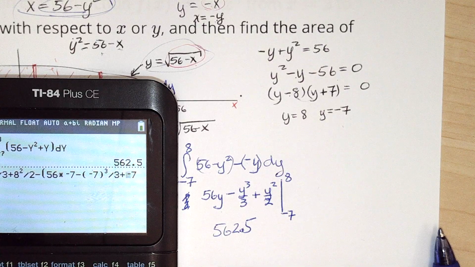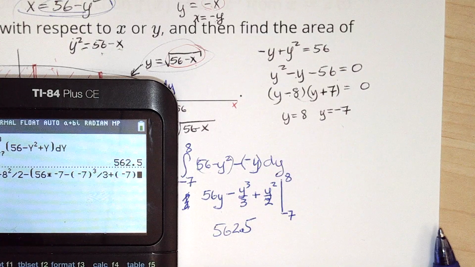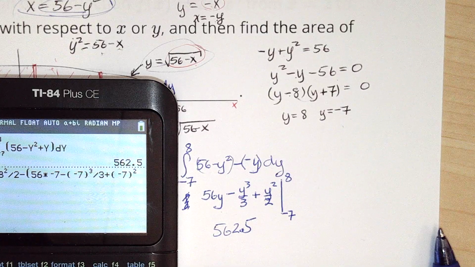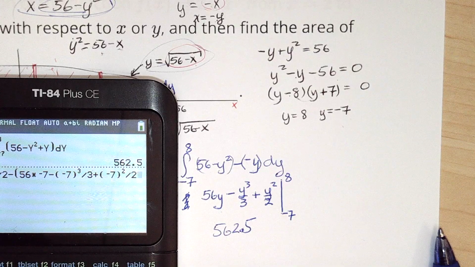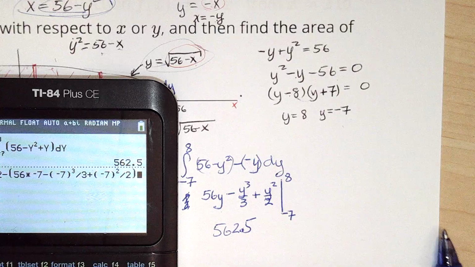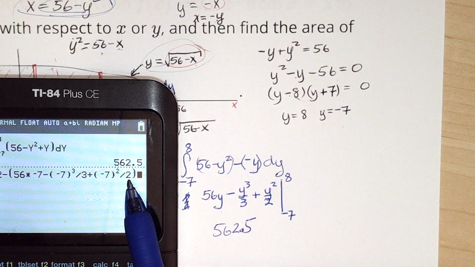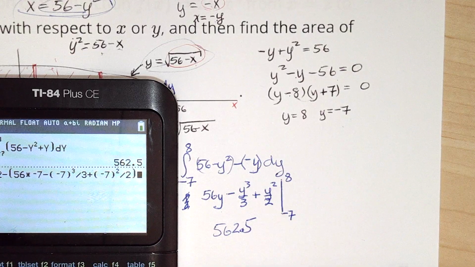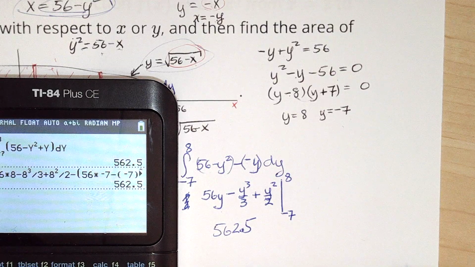I better put the parentheses on there. Negative 7 squared divided by 2, and close that parenthesis there. So that's with the 7's in it. And if I've done this right, I should get the same 562.5.